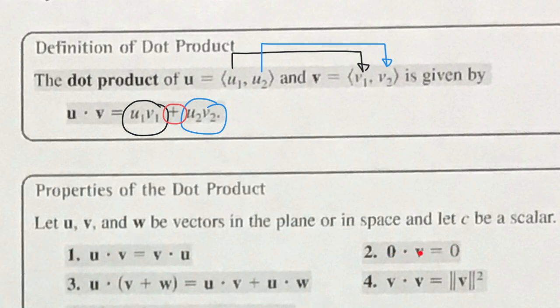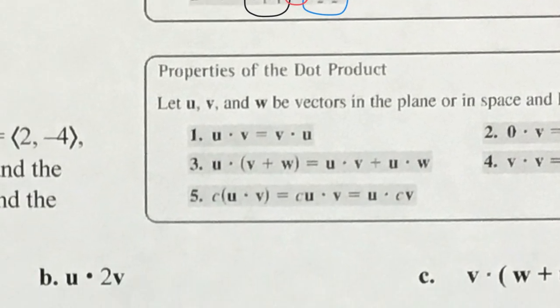A 0 vector times another vector is 0. And if you multiply a vector by itself, that's the magnitude of your vector squared. These are some properties that we're going to encounter as we work through some problems involving dot product.